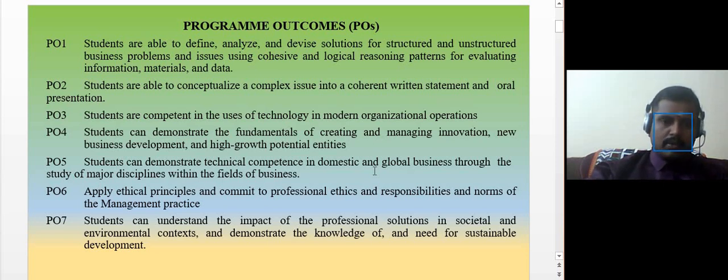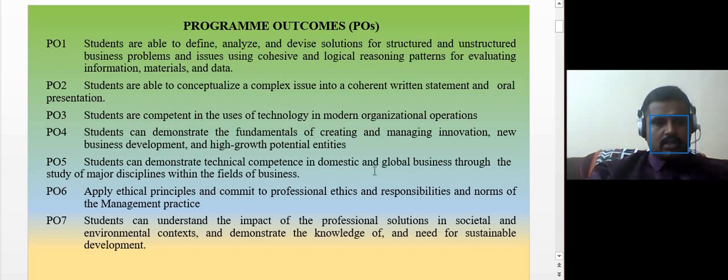The second program outcome is that the students are able to conceptualize a complex issue into a coherent written statement and oral presentation. And program outcome 3: the students are competent in the use of technology in modern organizational operations.